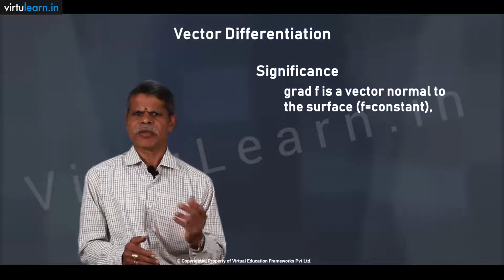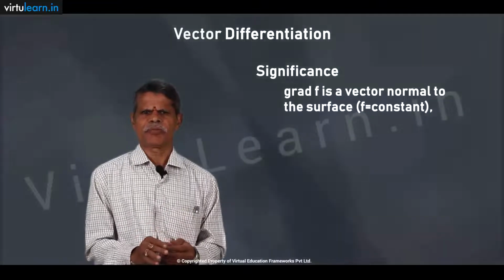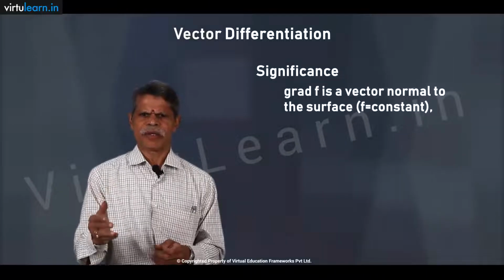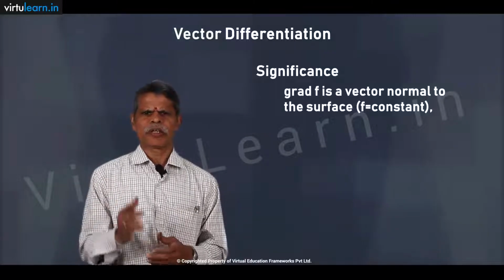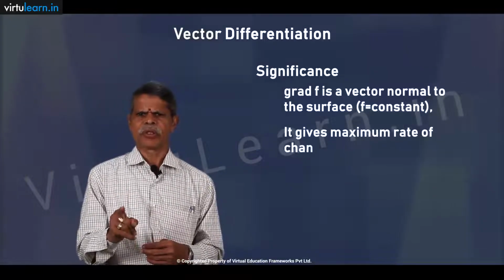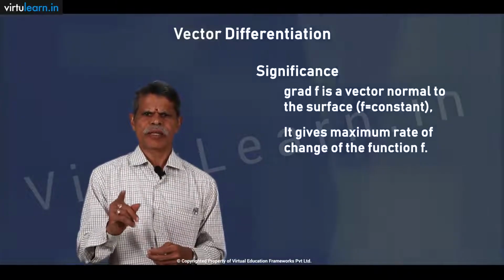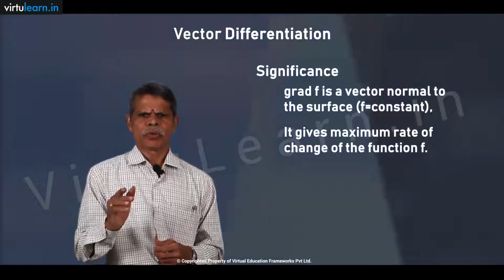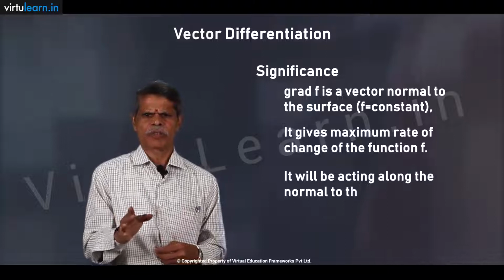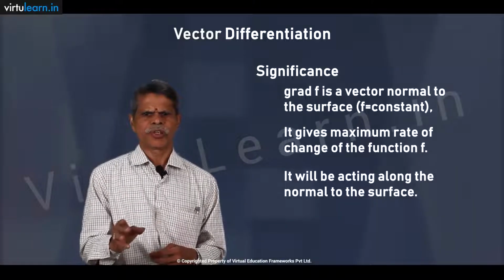If you consider any particular point on the surface and determine grad f at that point, then grad f represents the normal vector to the surface at that point. As far as the magnitude is concerned, grad f gives the maximum rate of change of the function f. So, this is the significance of the gradient. It acts normal to the surface, and its magnitude gives the maximum rate of change of the function.